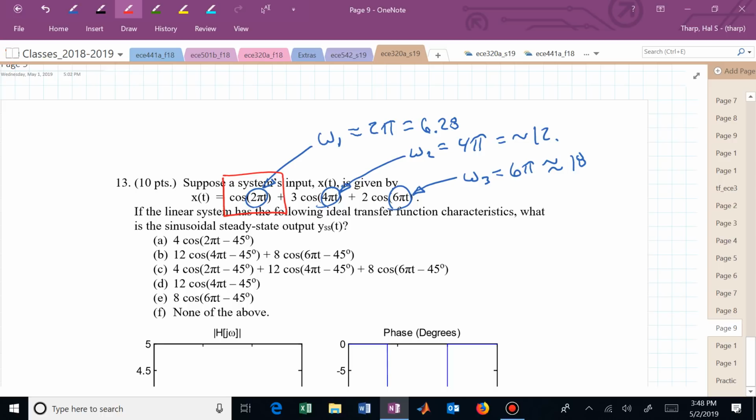And we say, oh, A and C look to be possibilities. C, wait a minute, we don't have 4 pi coming through. That one was attenuated. And 6 pi is attenuated because of the magnitude being 0 at those frequencies.